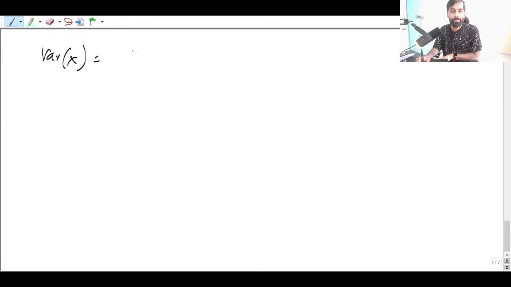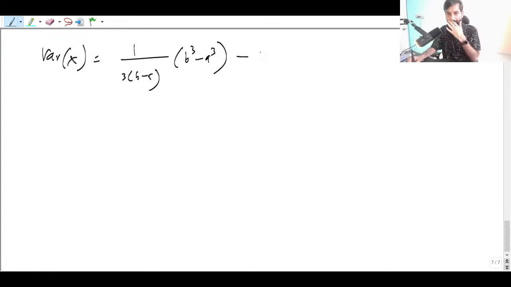Okay, so here 1 by 3 times b minus a, b cube minus a cube, right, minus the expectation squared, that is a plus b whole square by 4, right? If you solve this, I think you guys can solve it by yourself.